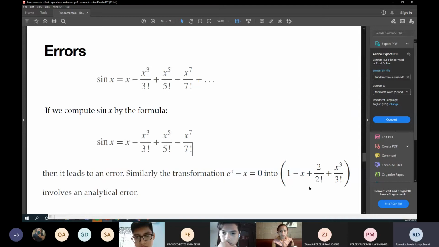So how much was that? Anyone? 2.58. Exactly, 2.58. We'll see that the approximation is still not good.